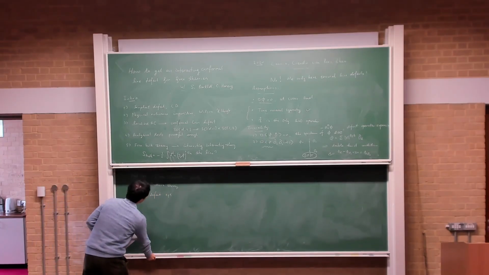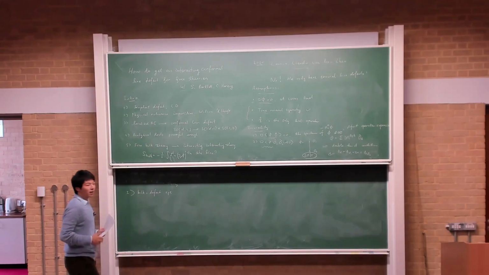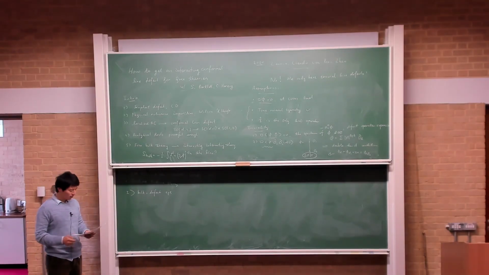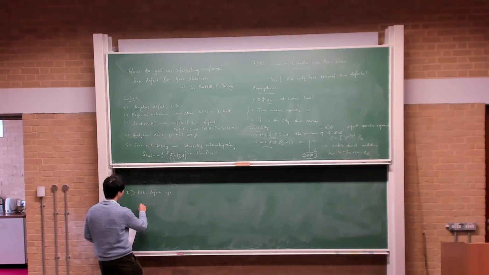Basically, this bulk defect two-point function is fixed by conformal symmetries, and it has the following form.